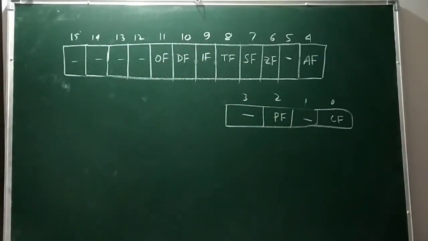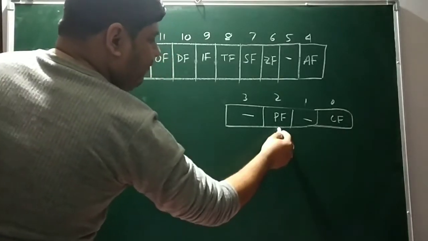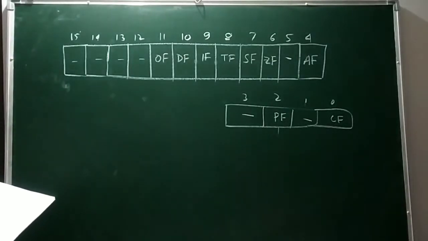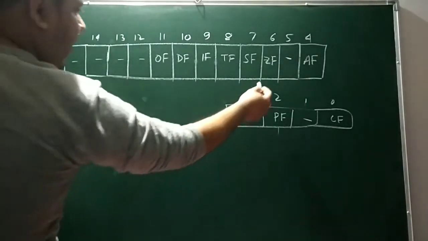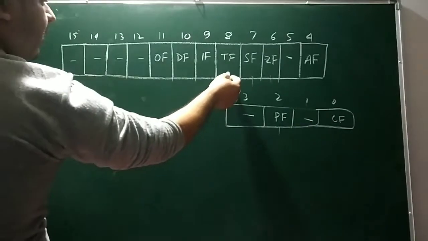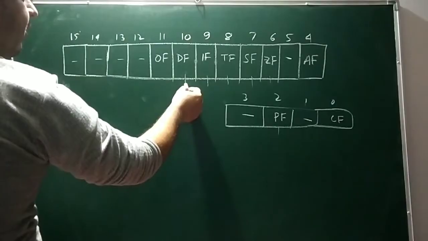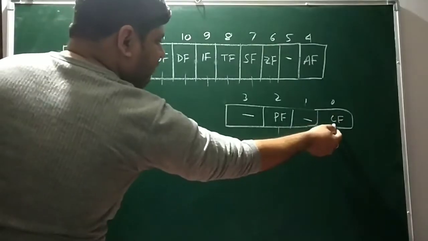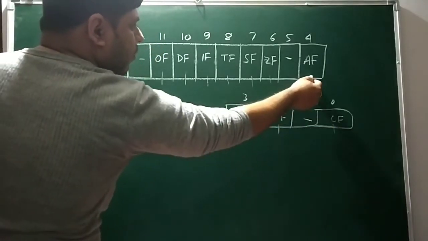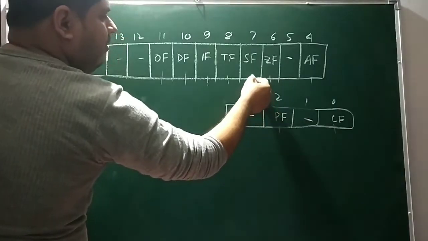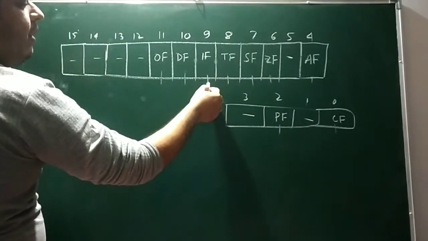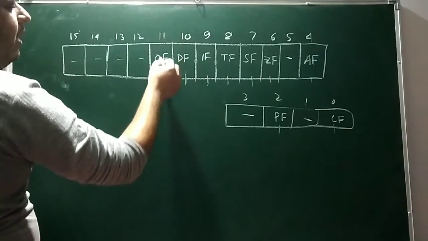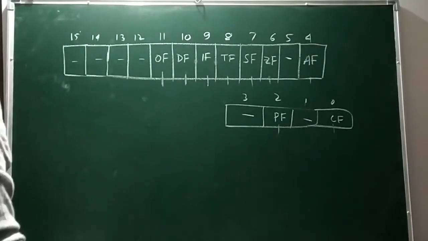At place 0 we have the carry flag, the parity flag, then AF is the auxiliary carry flag, then ZF, zero flag, sign flag, trap flag, interrupt flag, direction flag, and at bit 11 we have the overflow flag.